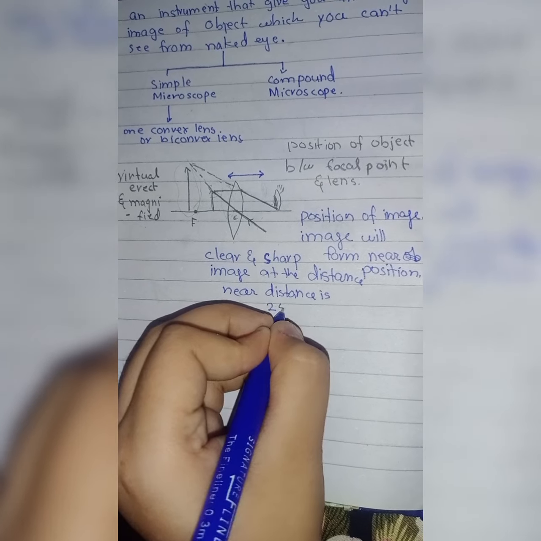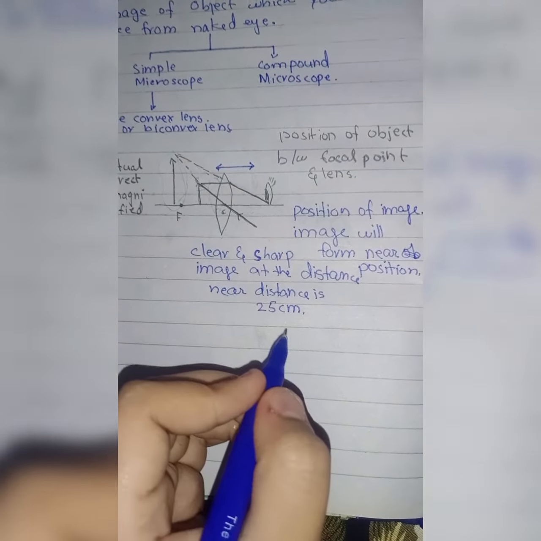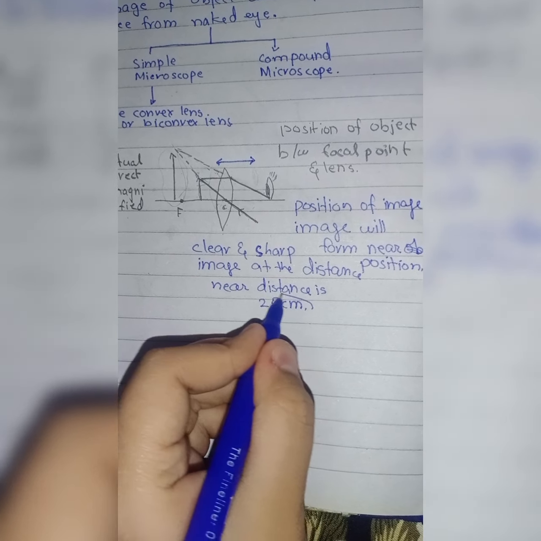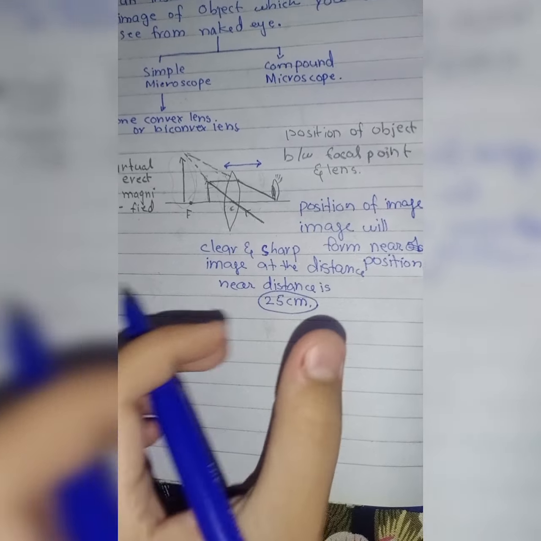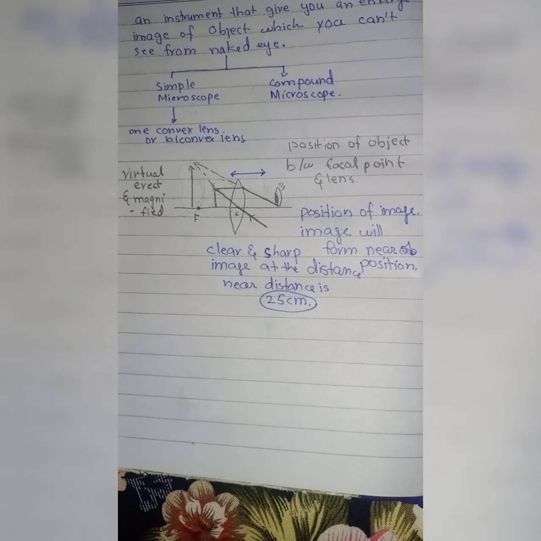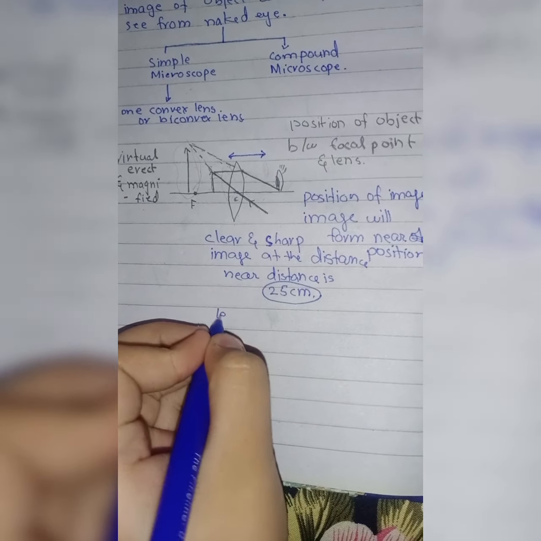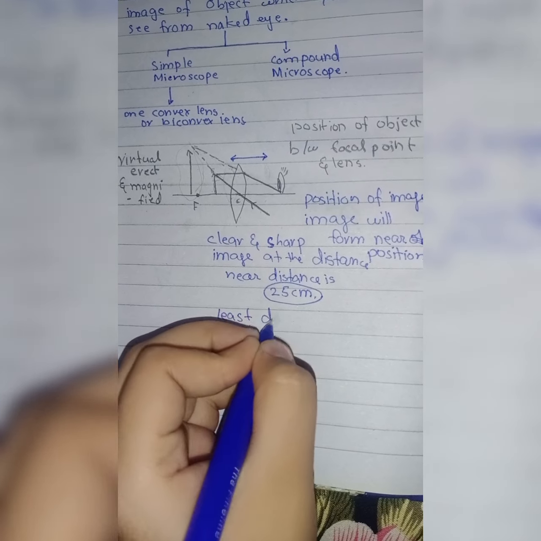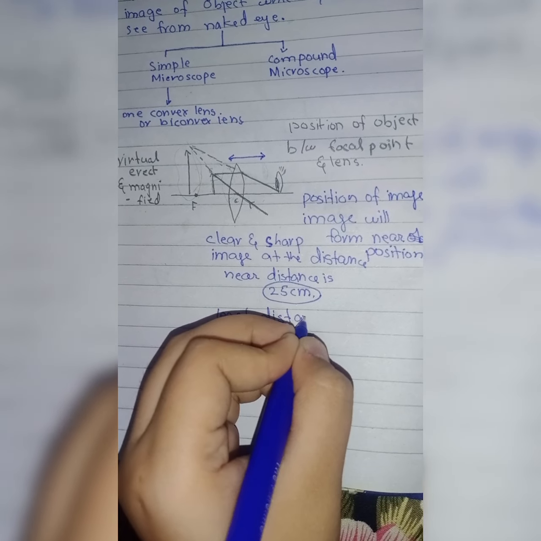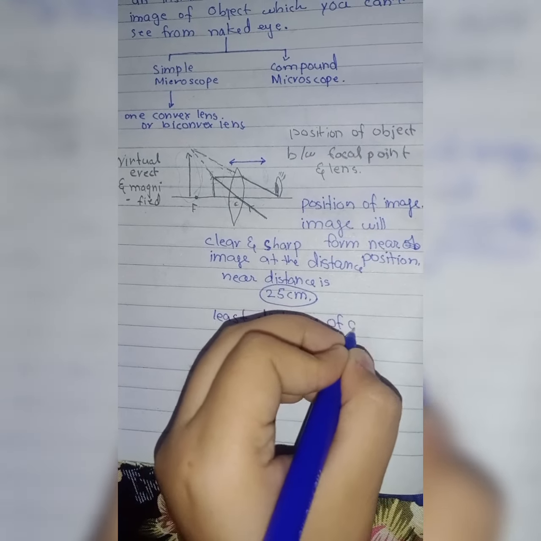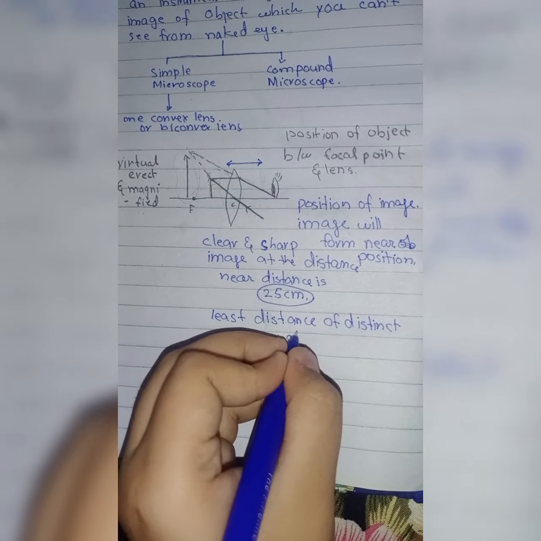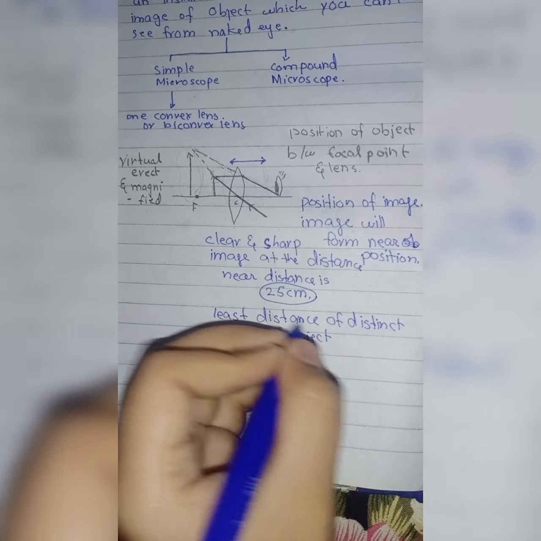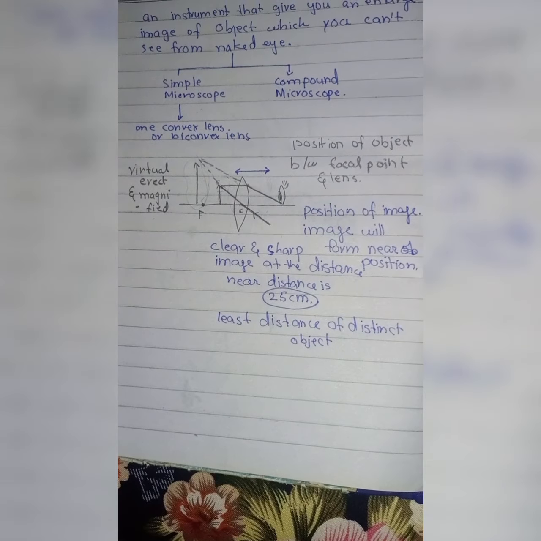At the 25 centimeter distance, the human eye can see a clear and sharp image, and that is also known as the least distance of distinct vision, that is 25 centimeter.